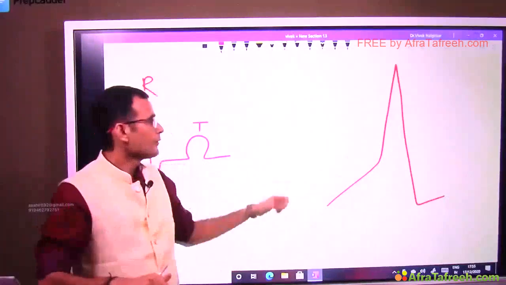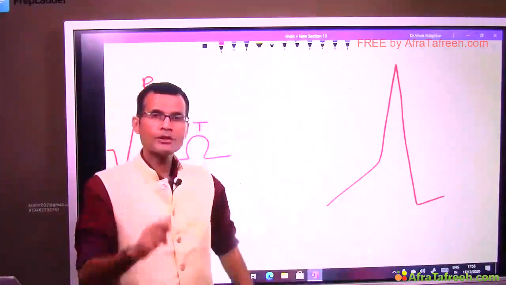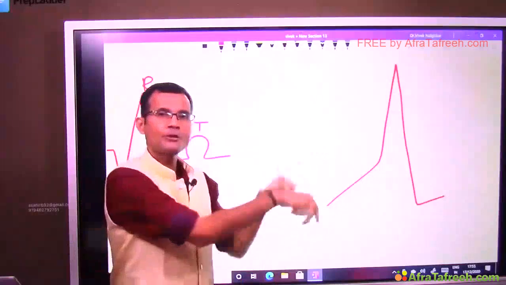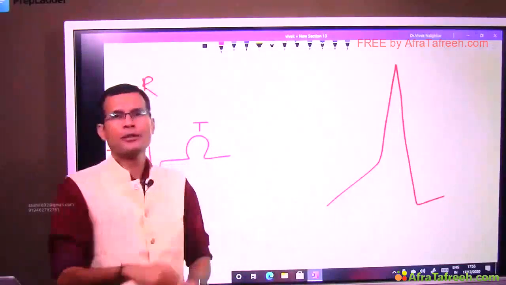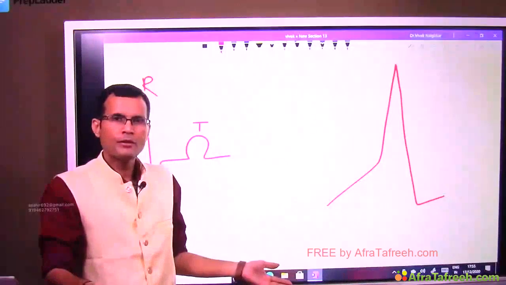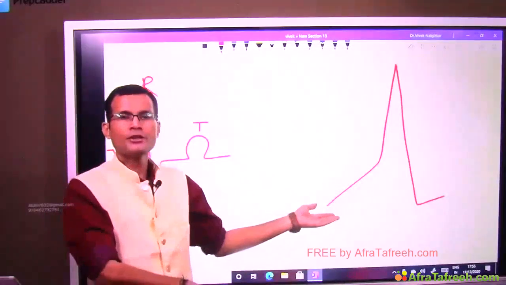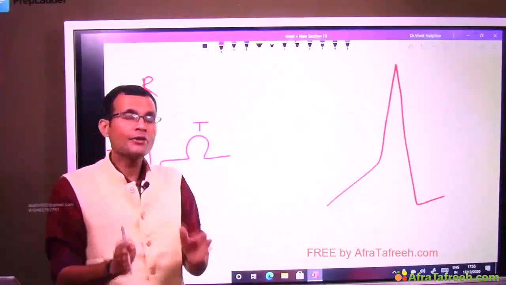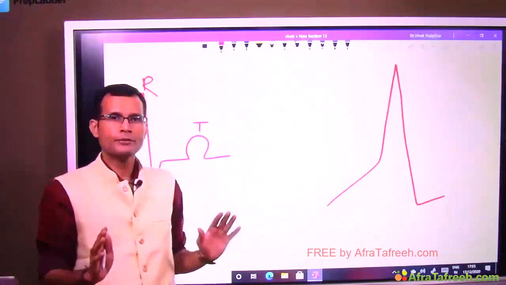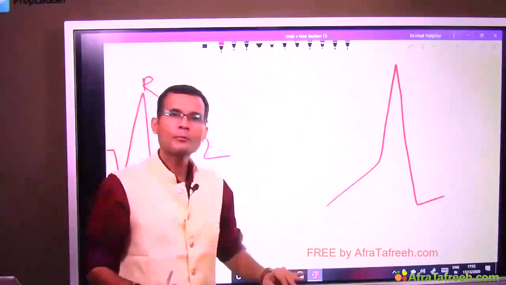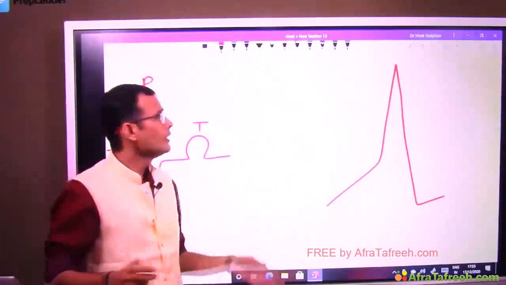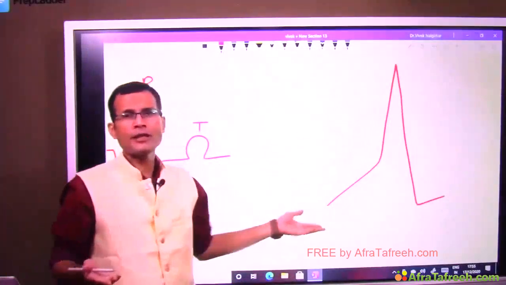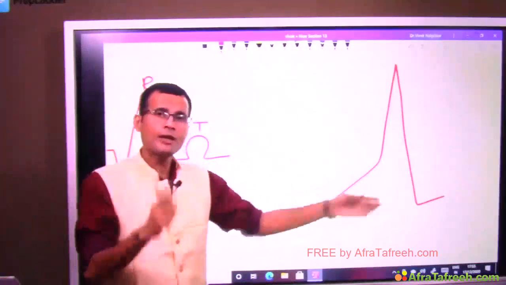That means depolarization and repolarization should get recorded in the opposite directions. Why? Because they are electrically opposite types of events. Simple. Depolarization and repolarization are electrically opposite types of events. Inside becoming positive, then inside again becoming negative. So they are opposite types of events, so they should get recorded in the opposite directions. That is what happens at one point of the nerve.